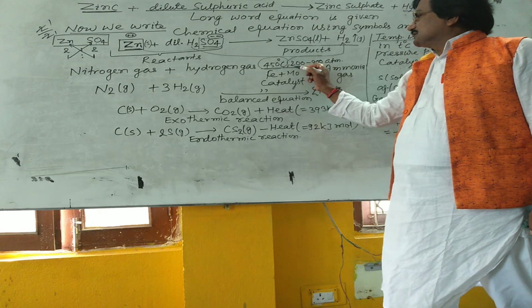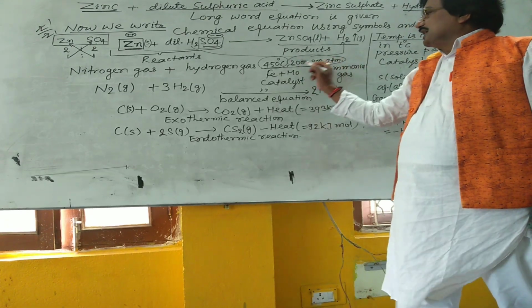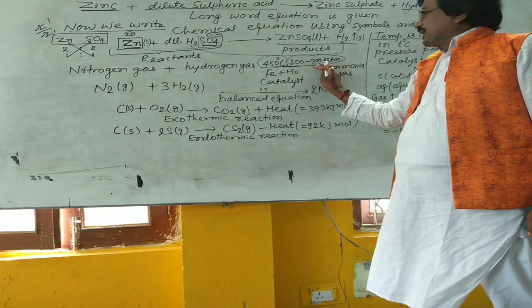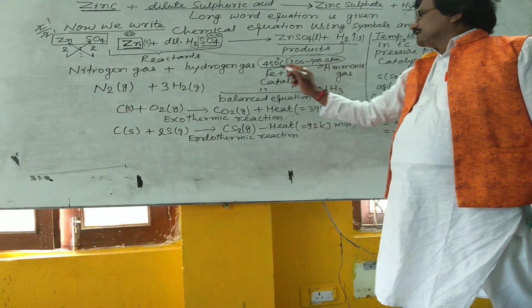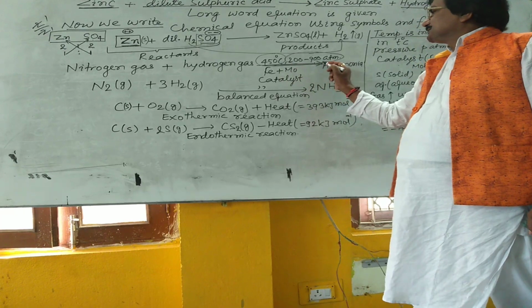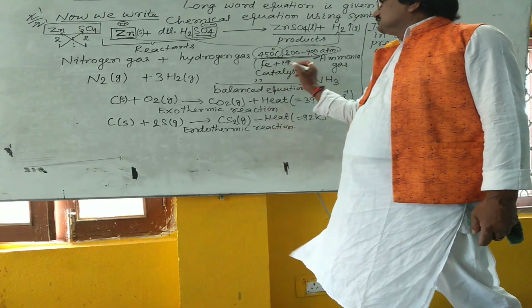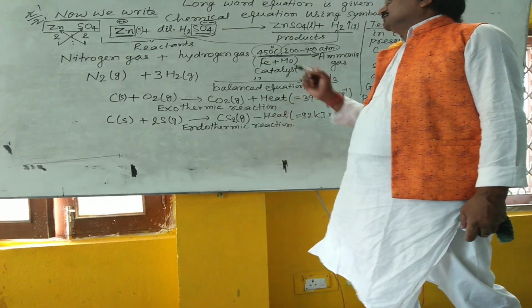Atmospheric pressure may be mentioned in between reactant and products upon the arrow mark, and these are Fe plus molybdenum.